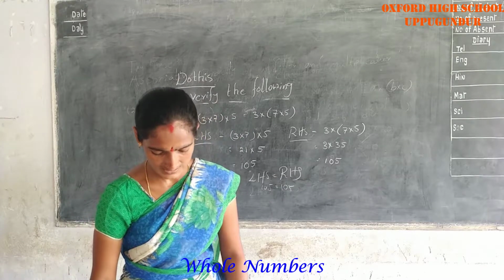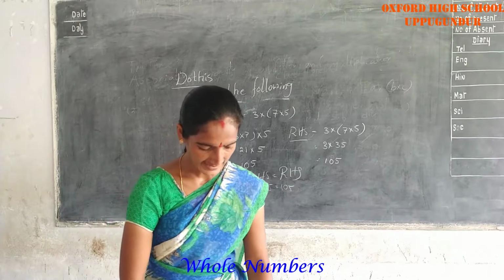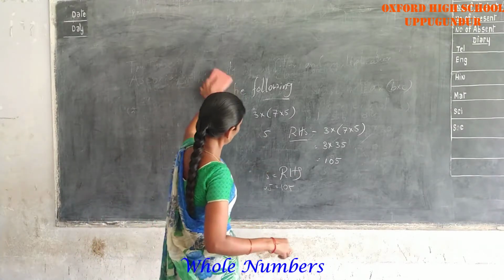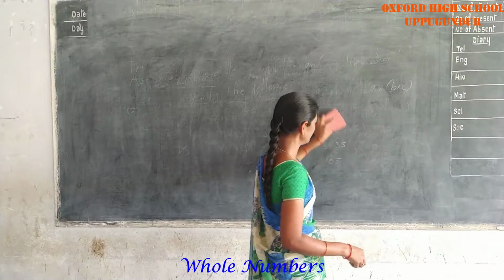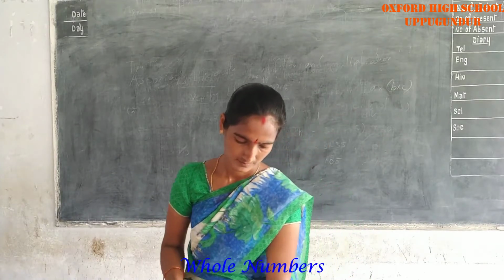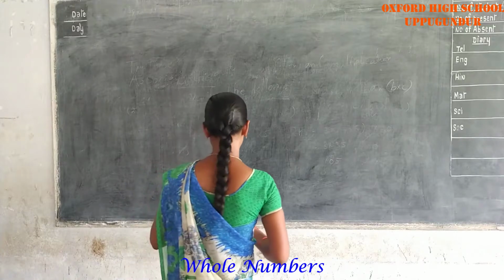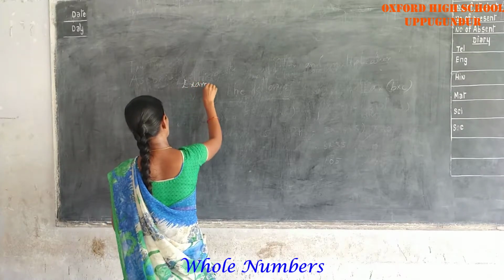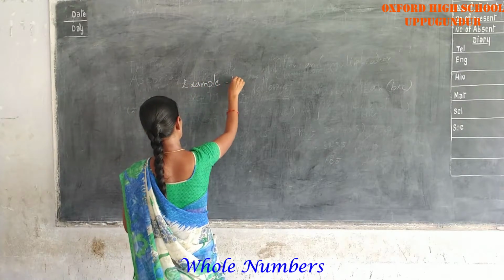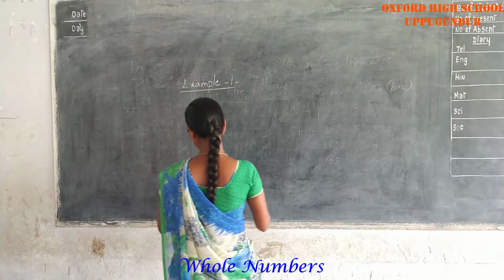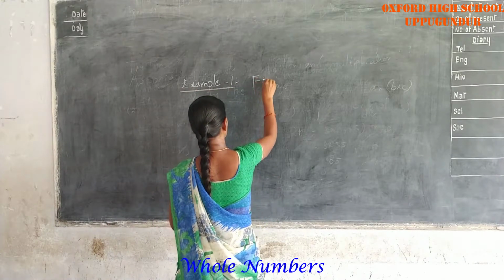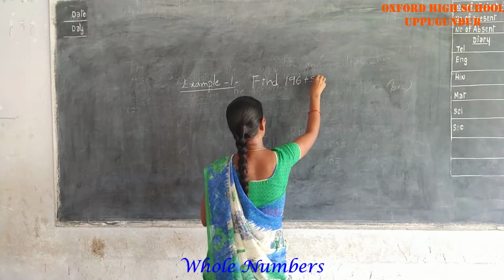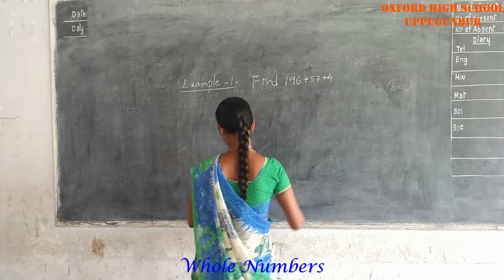Do these 2 problems. Example 1. Find 196 plus 57 plus 4.